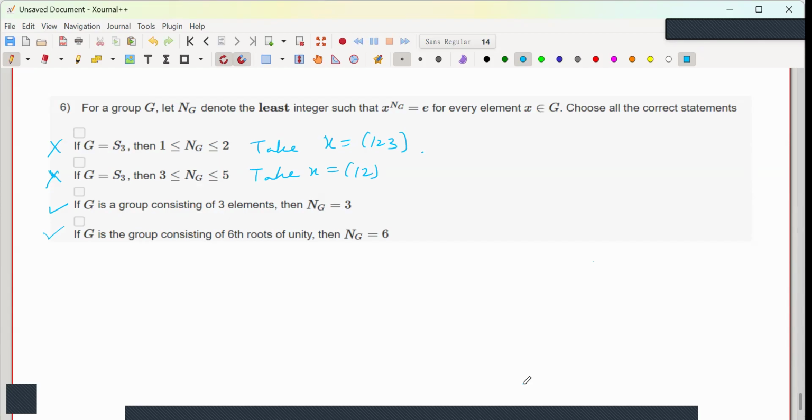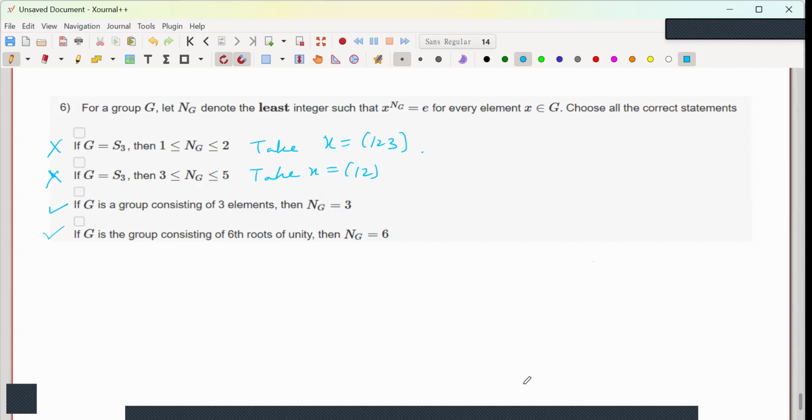Then you start with any other element C, which is not A, A inverse, B, B inverse, or identity. Again, you get C inverse, which is not equal to C. And similarly, all non-identity elements can be divided into pairs of size 2, right? That means how many elements are there inside the group?